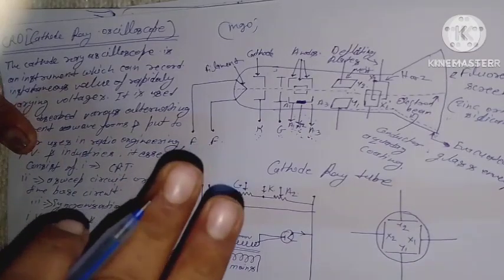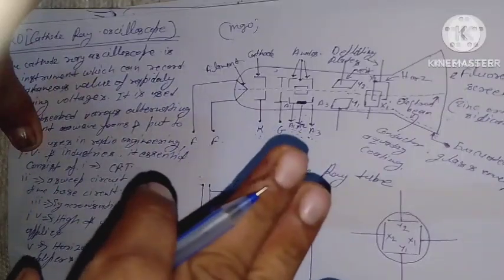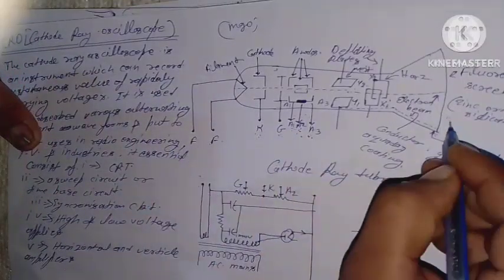The screen is coated with a fluorescent material such as zinc orthosilicate, known as phosphor.